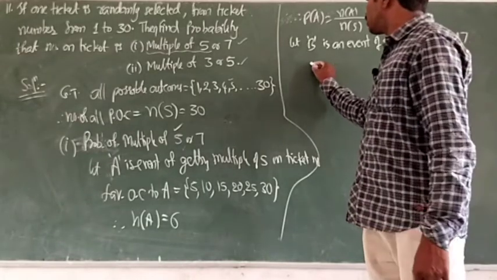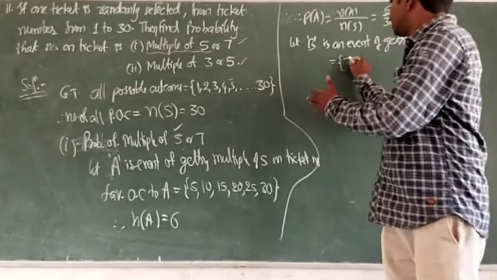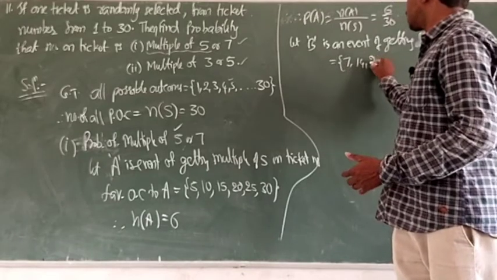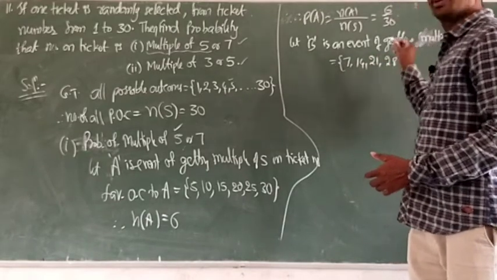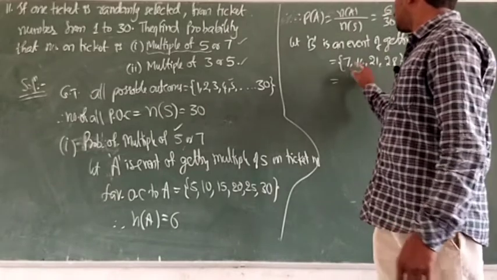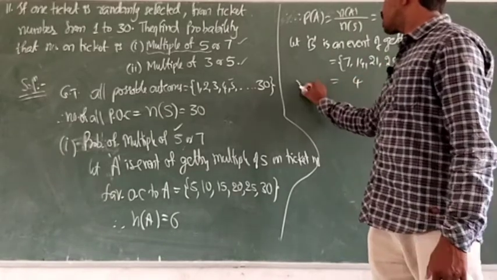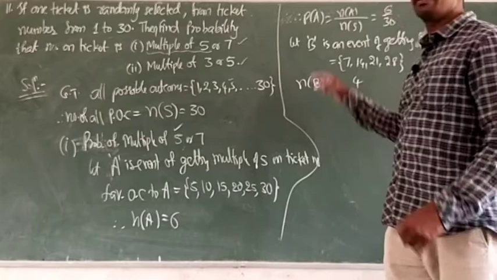So what are the multiples of 7? 7 tables: 7, 7 twos are 14, 7 threes are 21, 7 fours are 28. These only. How many are there? 1, 2, 3, 4. So this we can treat as n of B because event B is taken.